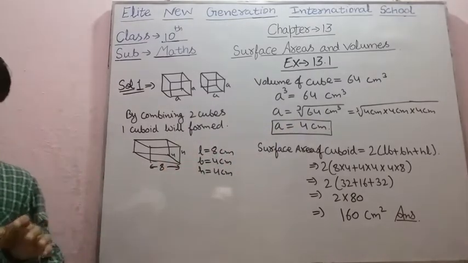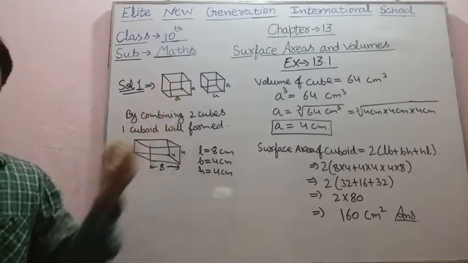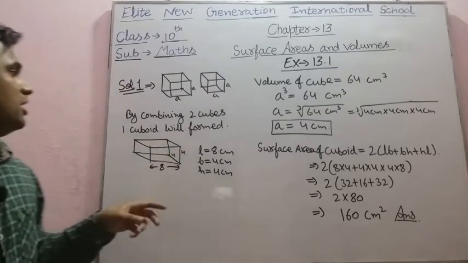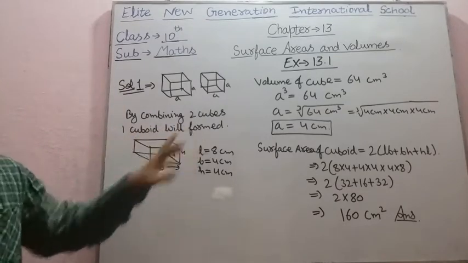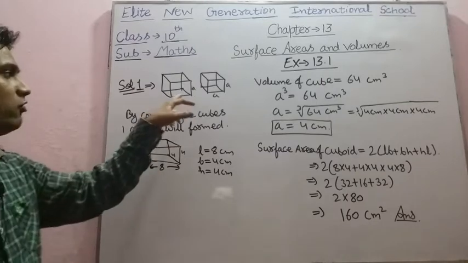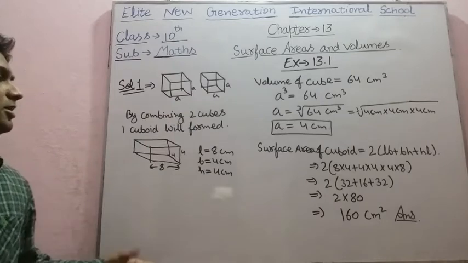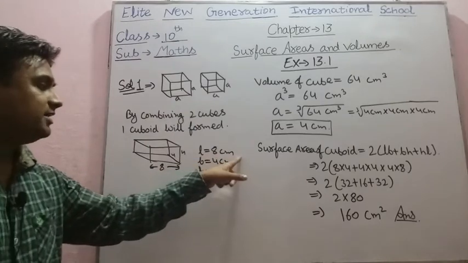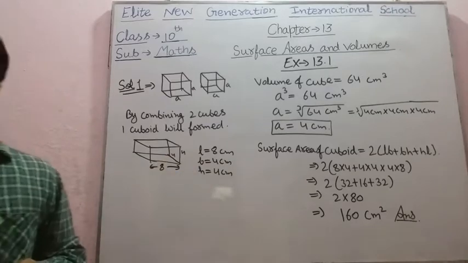Now it says that these two cubes are joined end to end. When we join these two cubes, they form a cuboid. When this cuboid forms, its length will be A plus A, that means 4 plus 4. So length will become 8 centimeter, breadth will be 4 centimeter, and height will be 4 centimeter.